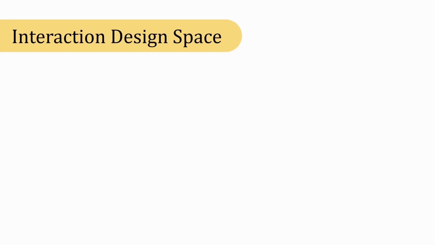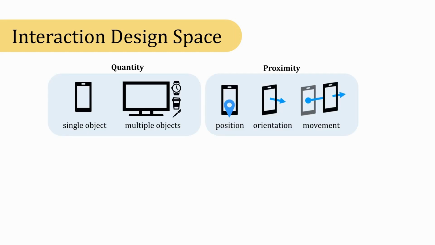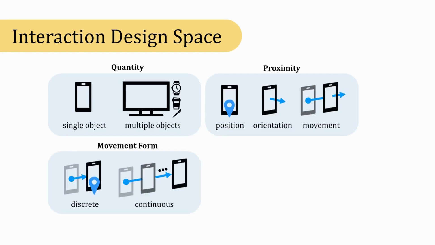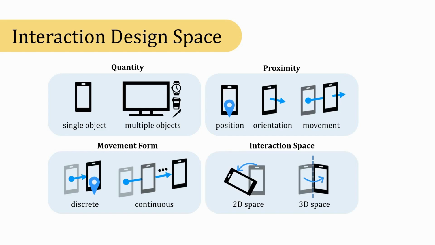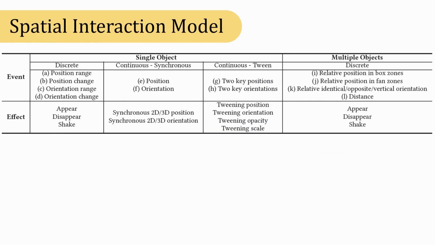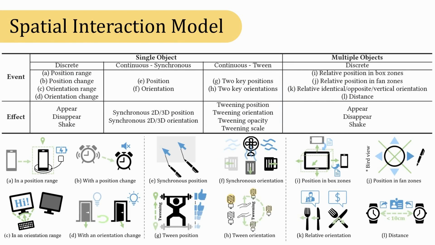To better understand spatially aware interactions, we explore a design space from 4 dimensions: quantity, proximity, movement form, and interaction space. These 4 dimensions categorize spatially aware interactions. Based on the design space and interview findings, we formulate a spatial interaction model. It describes the input spatial event and the output virtual effects for prototyping spatial interactions.